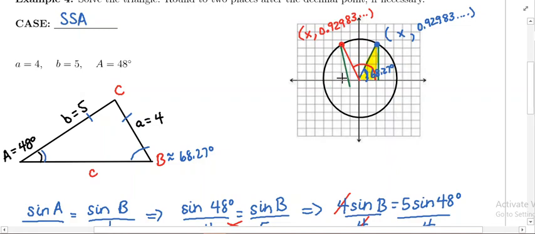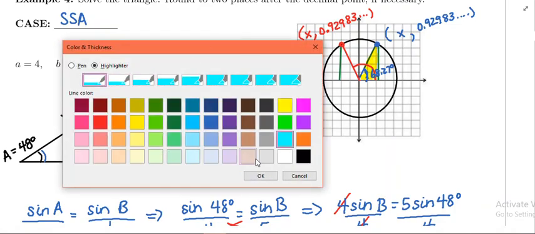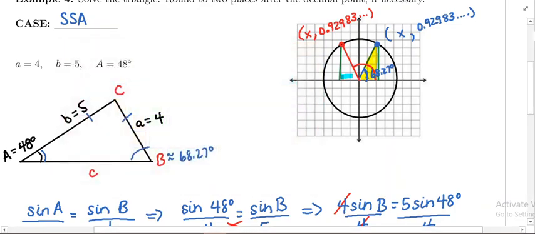This is another right triangle, so I'll color this one blue maybe. You're going to see that these two triangles are congruent. The right angles match up, this angle is equivalent to this angle, and this side is the same as this side, and so on for the other sides.